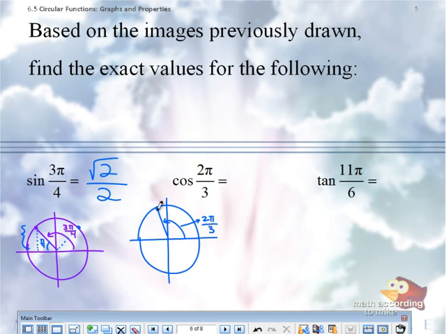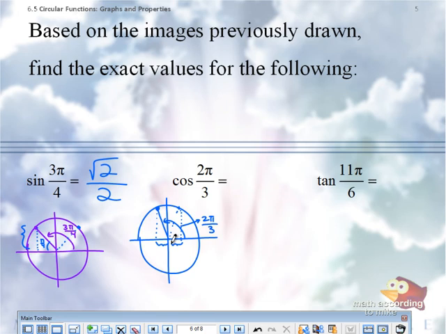X-coordinate. So comparing it to the corresponding one in the first quadrant, since we're in quadrant 2 for 2 pi over 3, is it going to be the same value, or is it going to be the negative of that value? The negative of the value.